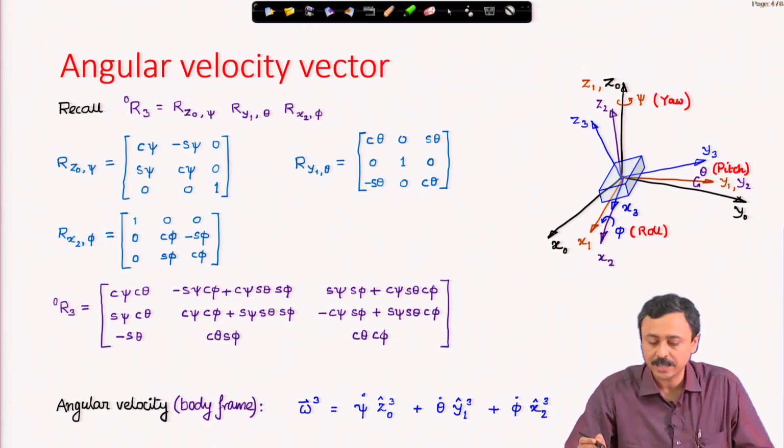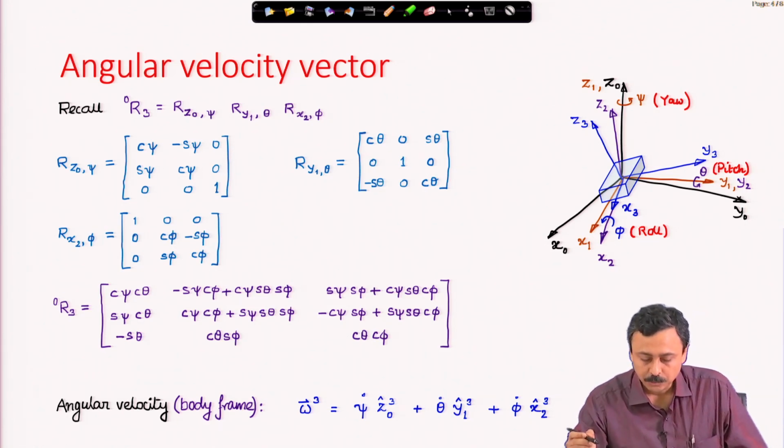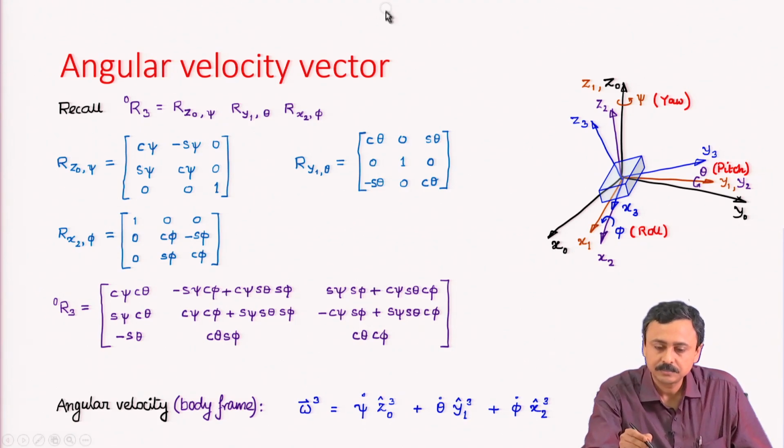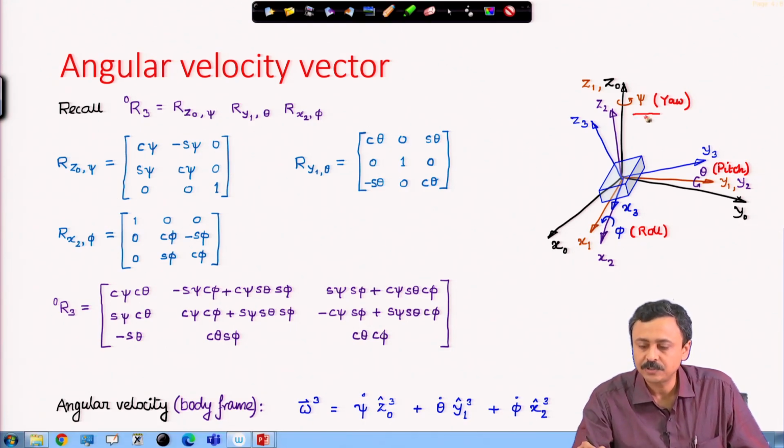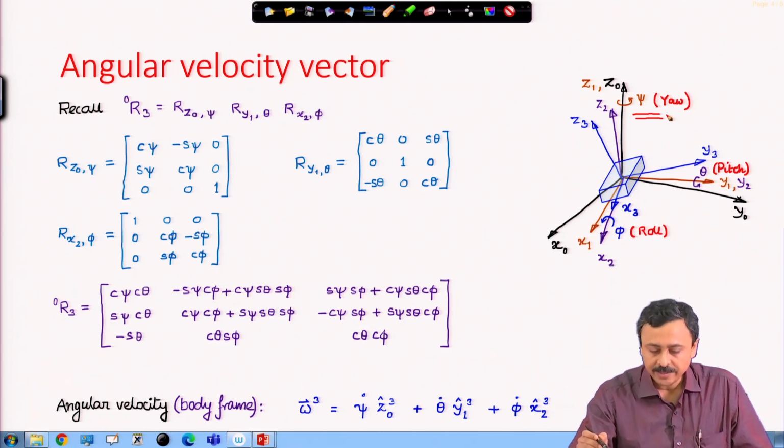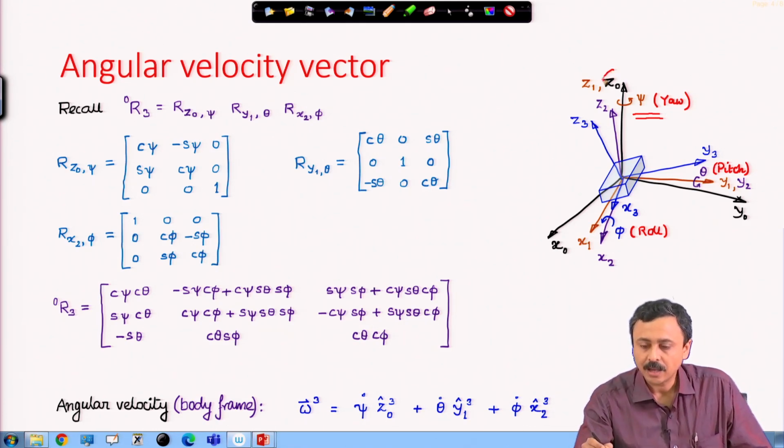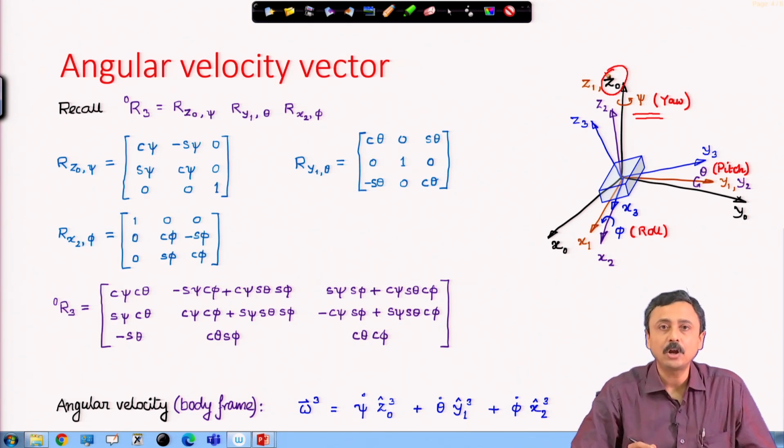To do that, you see psi dot is the rate of change of the yaw angle, and that is taking place about the z naught axis, because psi has been defined as a rotation about the z naught axis.